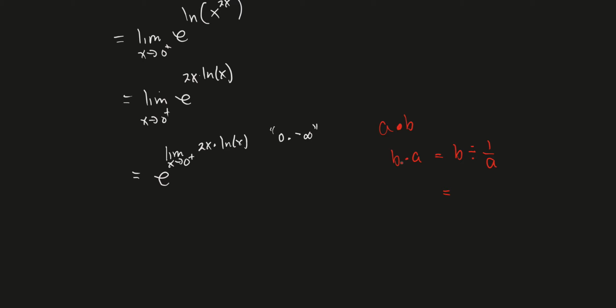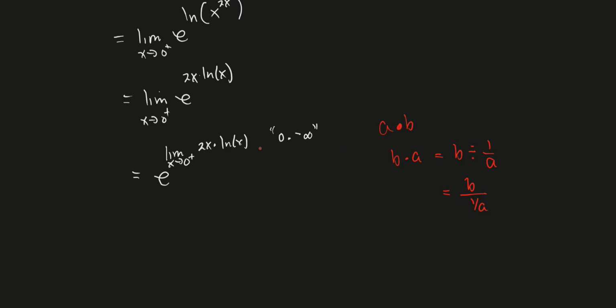But I can write B times A as B over 1 over A, right? And if I do that, I will actually get it in the form that I need.